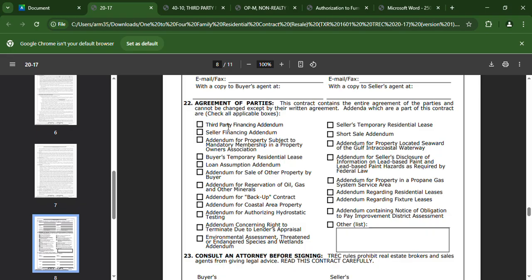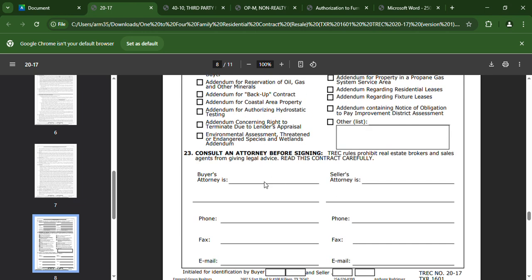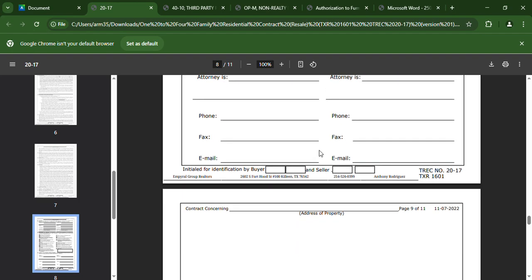We'll be using third-party financing, and then other will be non-realty, authorization for furniture, and the inspection, which we do recommend, and that will be if you're going to sign off on it, yes or no. And if you use an attorney, this is where they'd go.